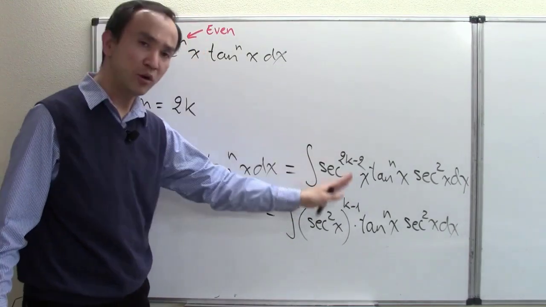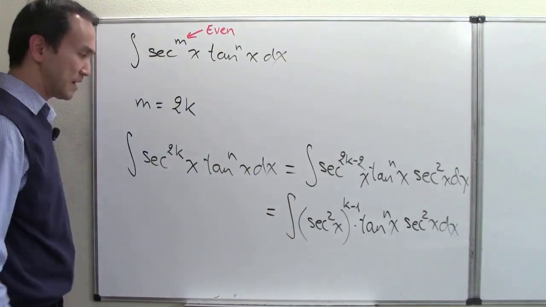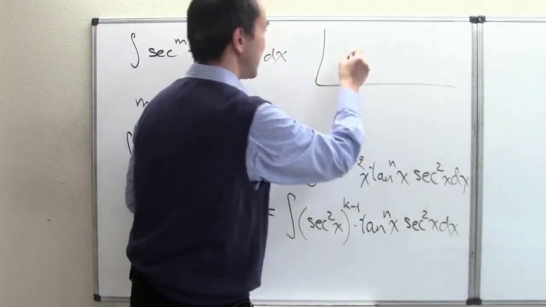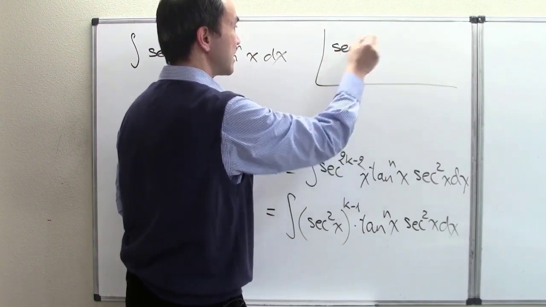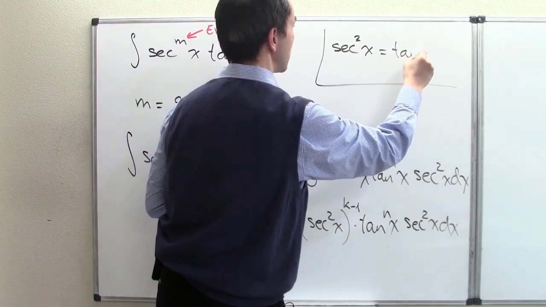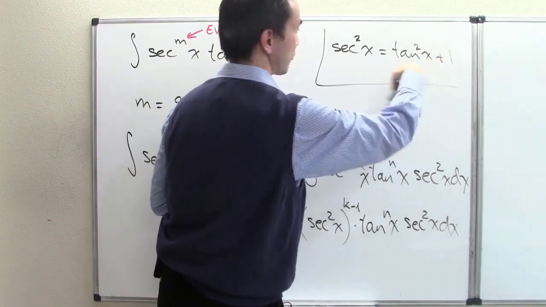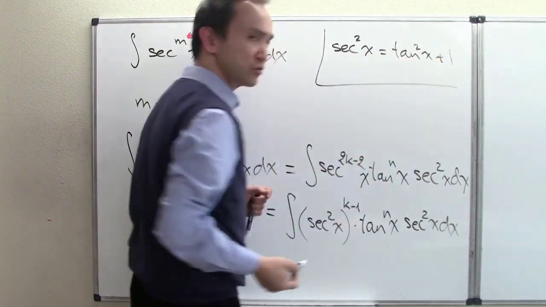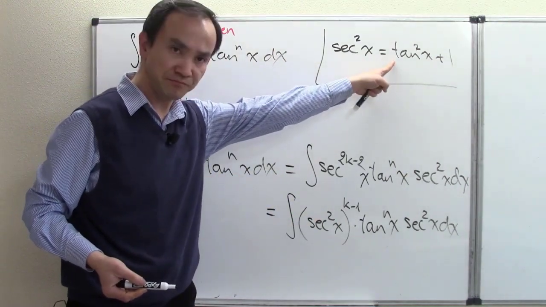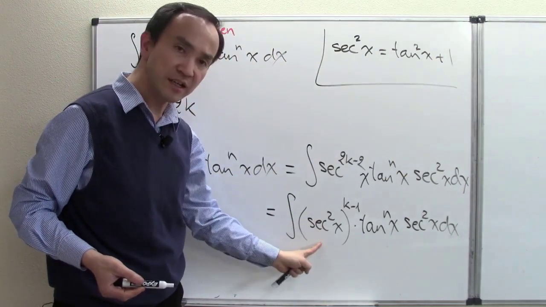But how do we go further from here? We can take advantage of that famous identity from trigonometry, that secant squared of x equals tangent squared of x plus 1, or you can write it the other way around, 1 plus tangent squared of x. I will do that substitution for the secant squared like this.